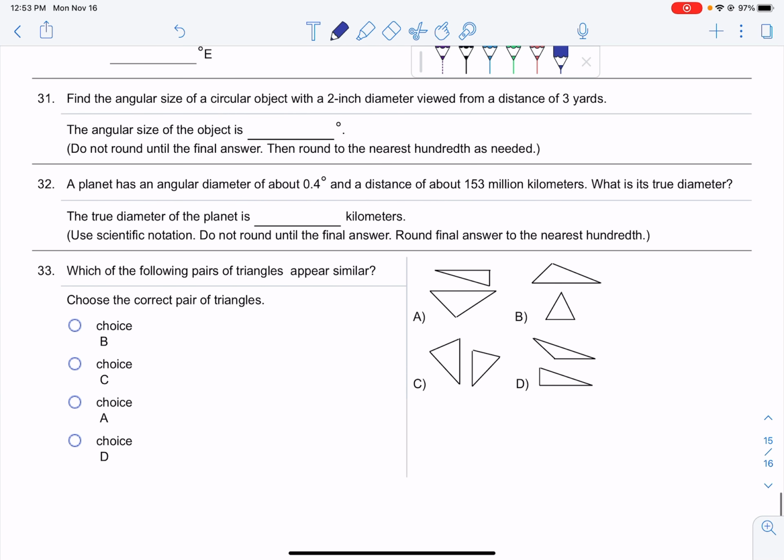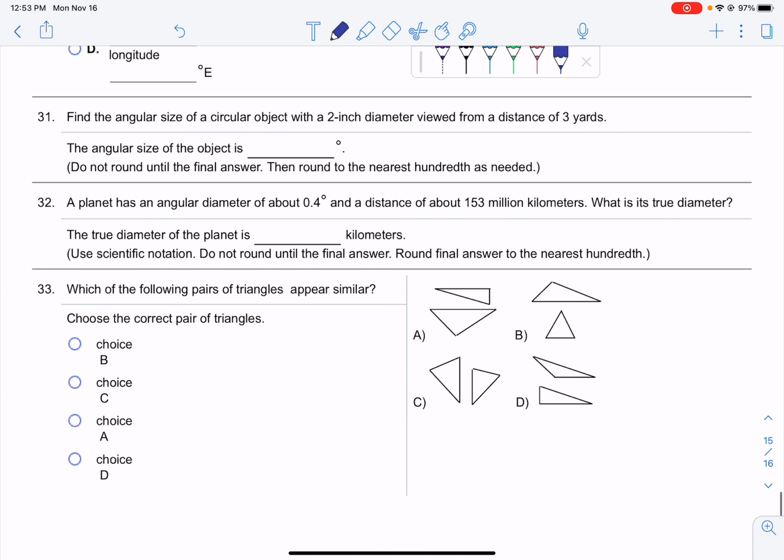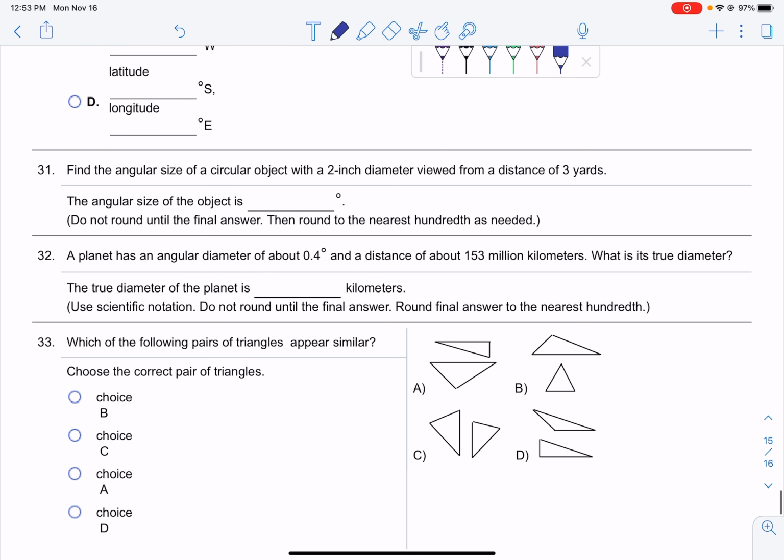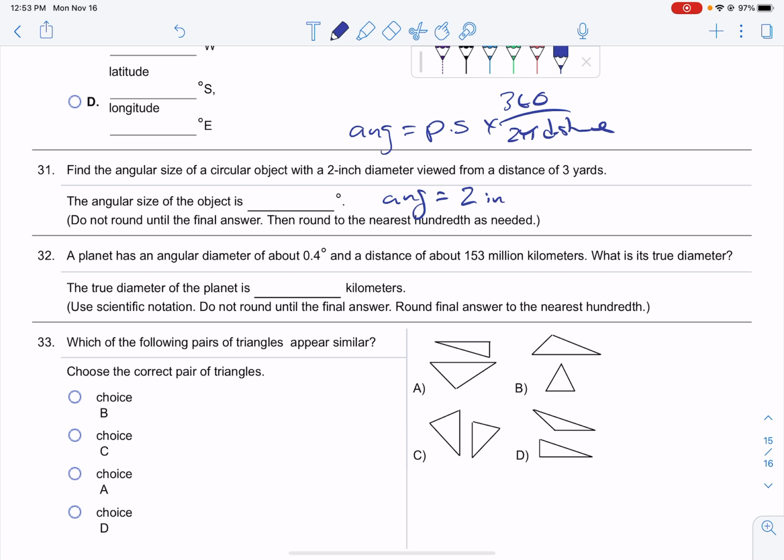Okay, 31, find the angular size of a circular object with a 2-inch diameter viewed from a distance of 3 yards. So this one, we're going to use the formula. Our angular size equals our physical size times 360 divided by 2 pi times our distance. My physical size is 2 inches.